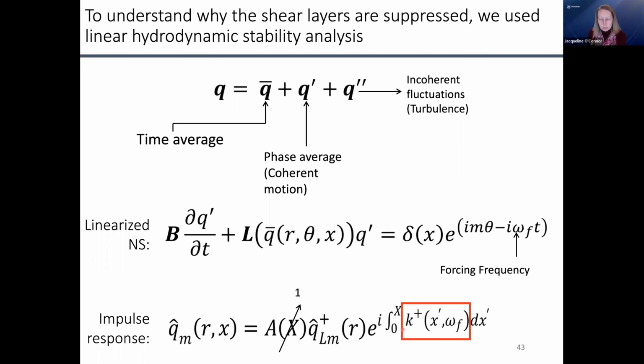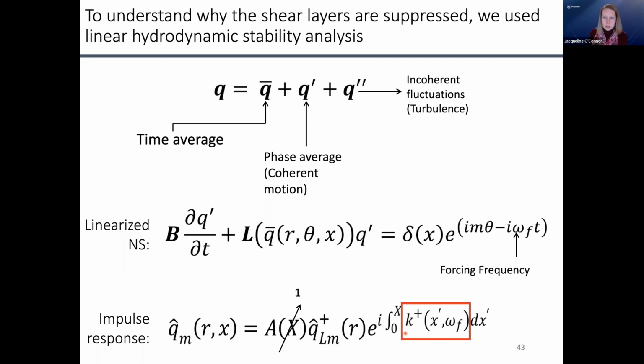And so this K plus is basically the growth, the spatial growth rate of the shear layer disturbance as a function of downstream distance. So the plus is downstream. And what I'm going to plot in the next plot is this e to the i, this term. Basically, if it's above 1, then this thing is growing.